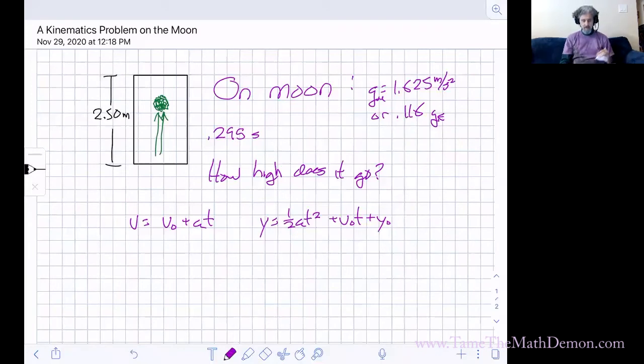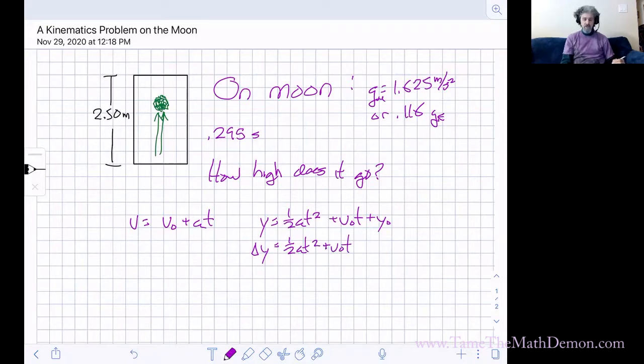Well, here are the basic kinematics equations: v equals v naught plus at, and y equals and so on. I'm going to shuffle that distance equation around a little bit. I'm going to subtract y naught from both sides and write it as delta y equals 1/2 at squared plus v naught t.